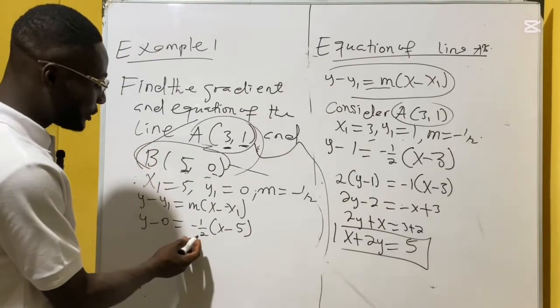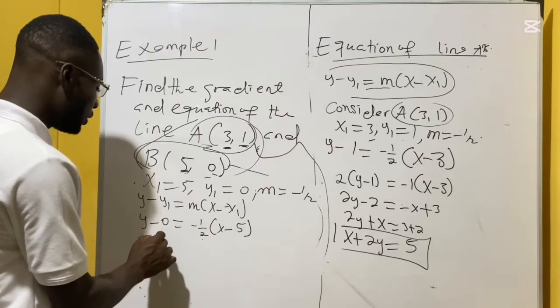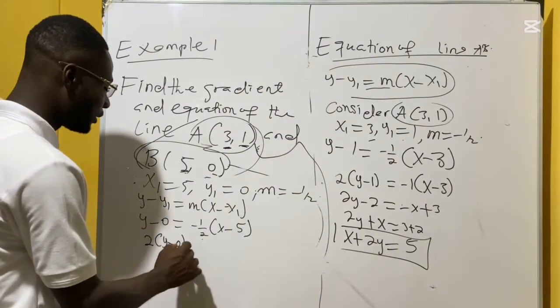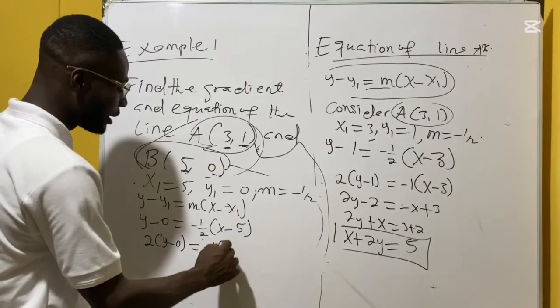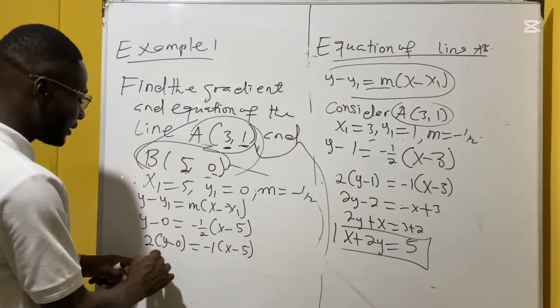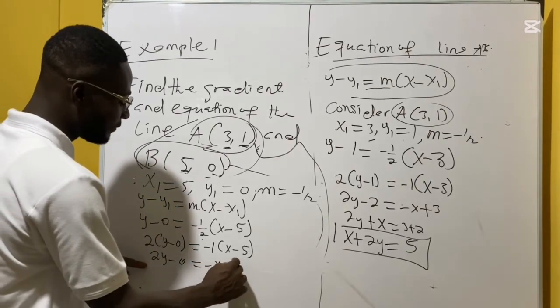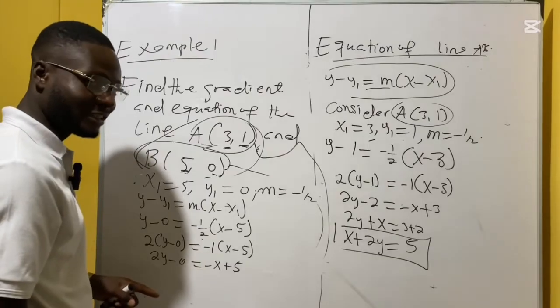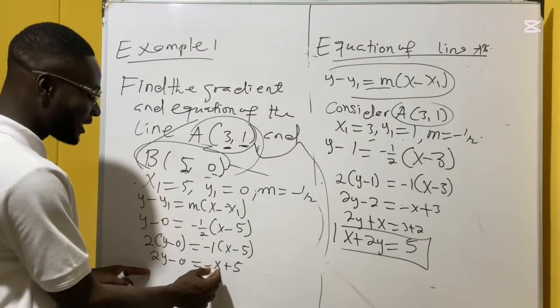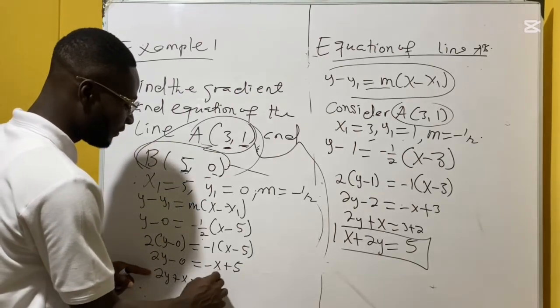So we multiply the 2 across board, and we're going to have 2 into y minus 0 equals negative 1 into x minus 5, right? So we spread this here, 2y minus 0 equals negative x plus 5. That is interesting. So we bring this x here, we're going to have 2y plus x equals 5.